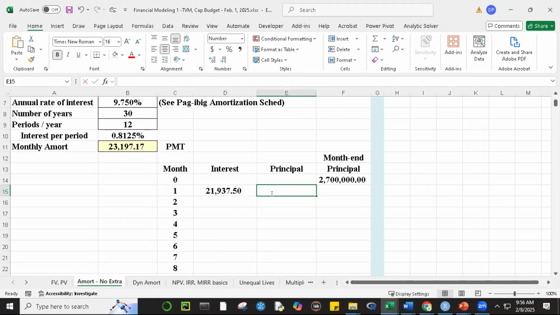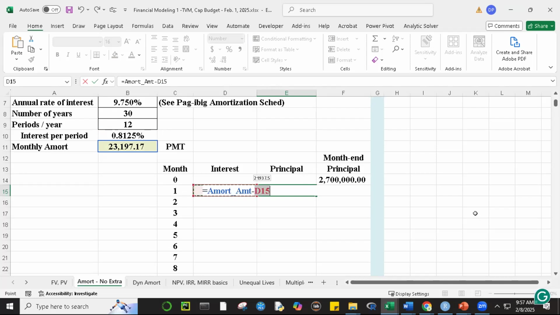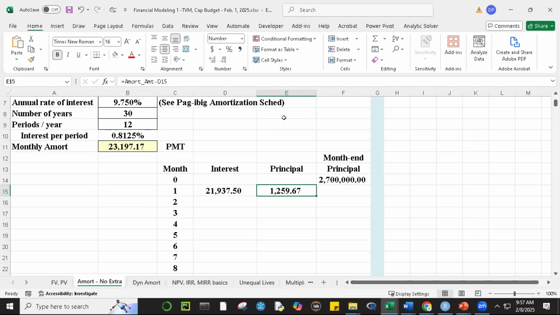And then how much will be left for principal? It's your monthly amortization minus what will accrue for the interest. Control Enter. There.